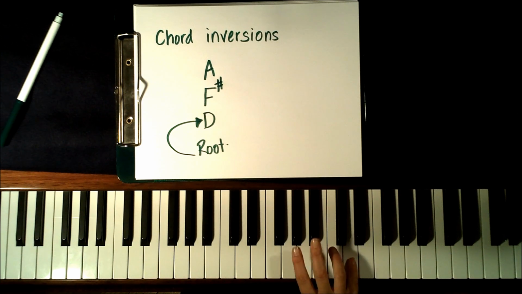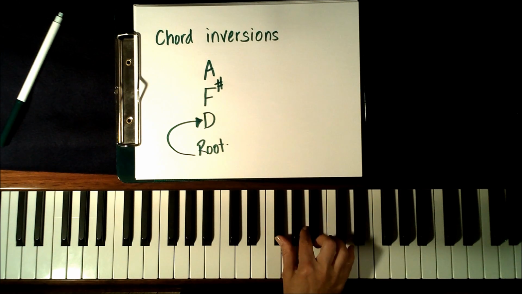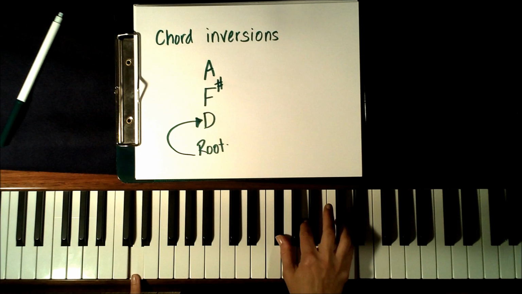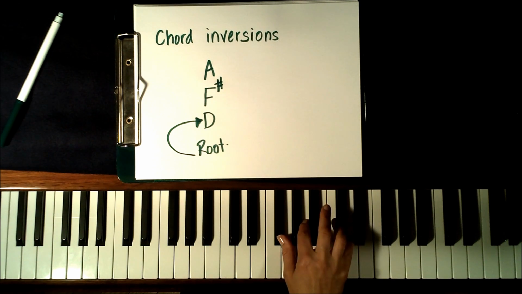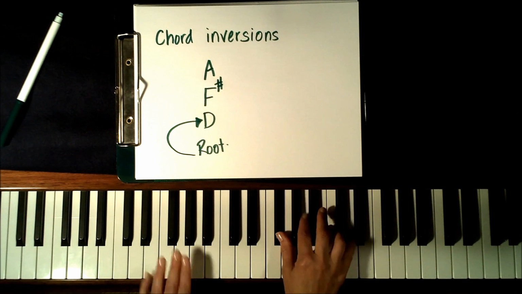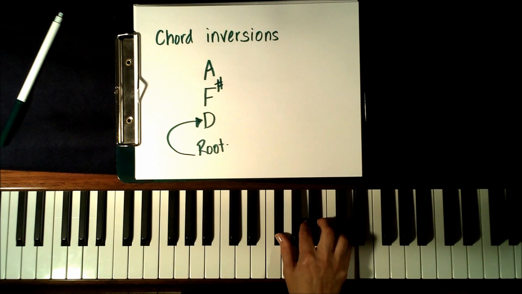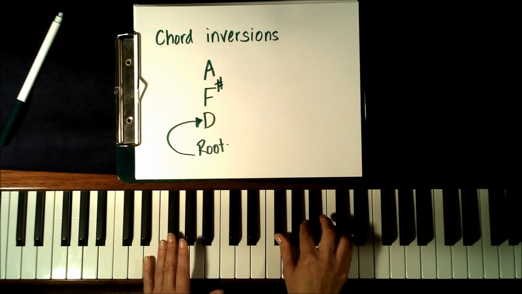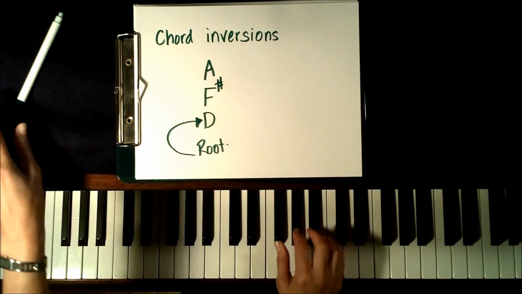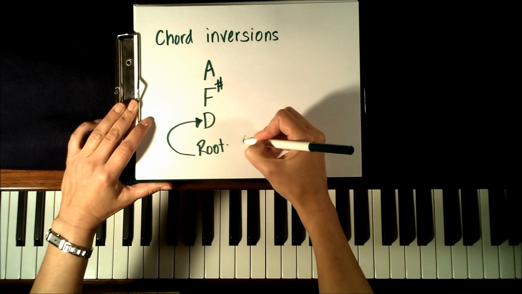So now I'll have F sharp, A, and D. And if I play these here, you can see that the top note is more prominent now, and it's a D. So this is still a D major chord. It's still D, F sharp, and A, but it's not in root position because the note that's on the bottom is not D. When you have this position moved up, we call it first inversion.